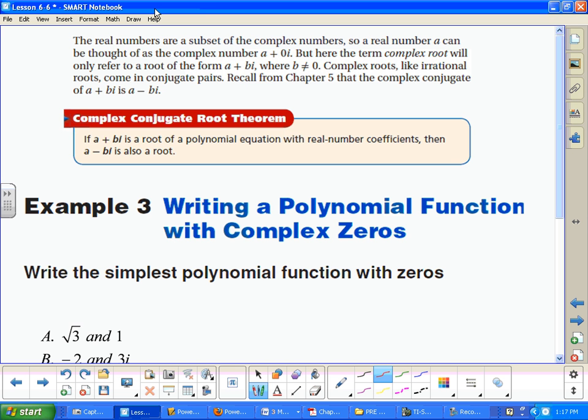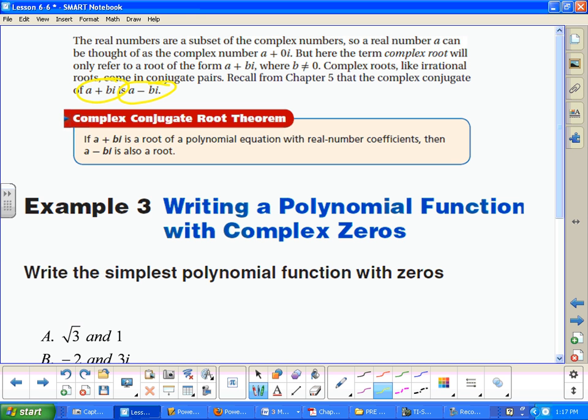Now, whenever you've used the quadratic formula, whenever we complete the square, we always end up with 2 roots. We end up with a plus bi and a minus bi. Anybody remember what those things are called? Which it probably says up there, but does anybody remember without looking up there? Okay.